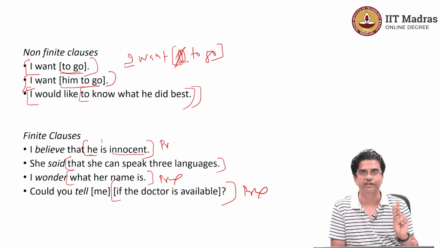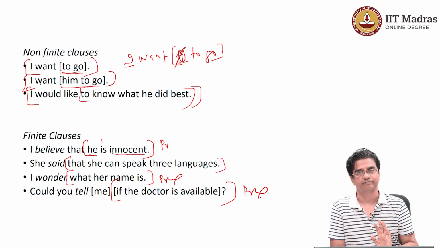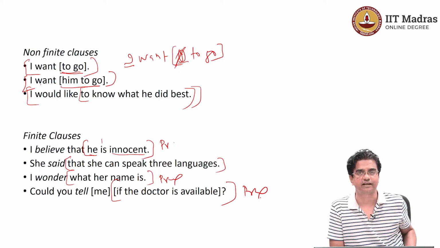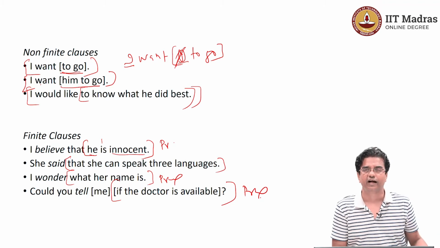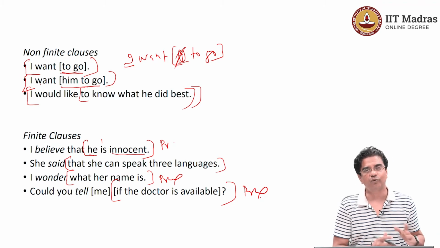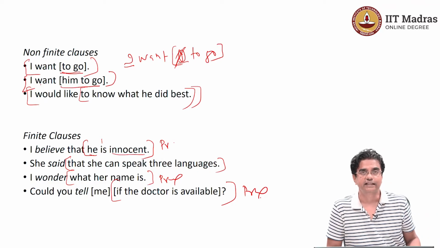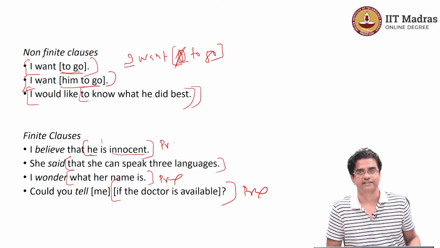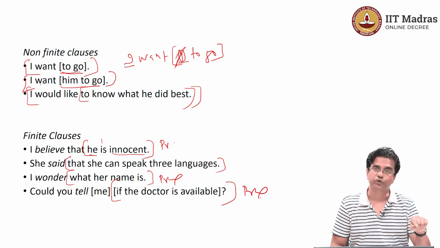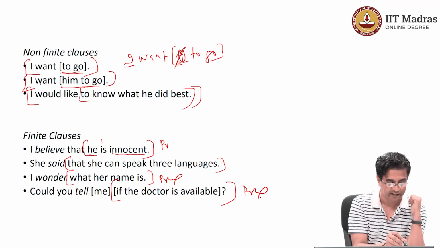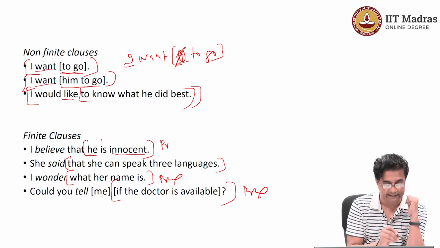We are talking about 2 different individuals, and therefore him must remain present. Only then the meaning becomes clearer. So I want him to go, I want her to go, I want them to go, I want them to come. All those sentences are pretty simple, but the important thing to look at is they are all non-finite clauses as an object to the verb in the matrix sentence, like want in these cases.